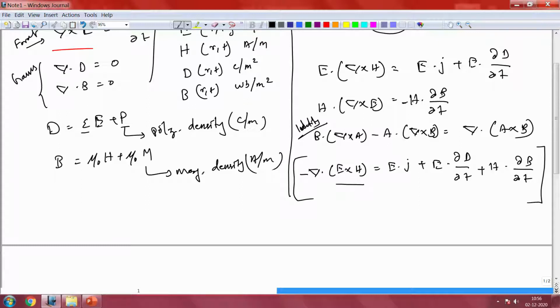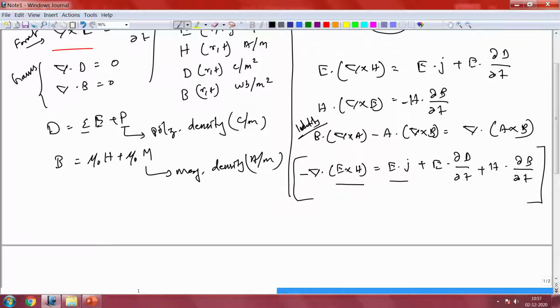you will quickly notice that this is something that you must have encountered earlier on in your electromagnetic courses or in your introductory course in photonics, that this is nothing but your Poynting vector, right. So, E cross H is nothing but the direction of your energy flow, and E dot J, right. So, E is the electric field and J is the current that you have. And what is this E dot J?